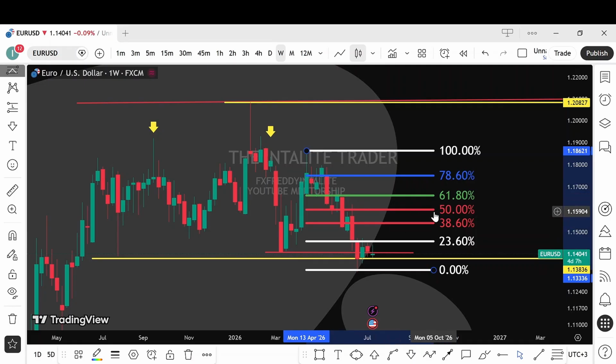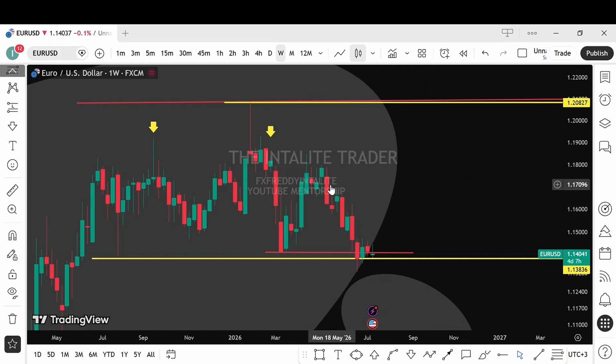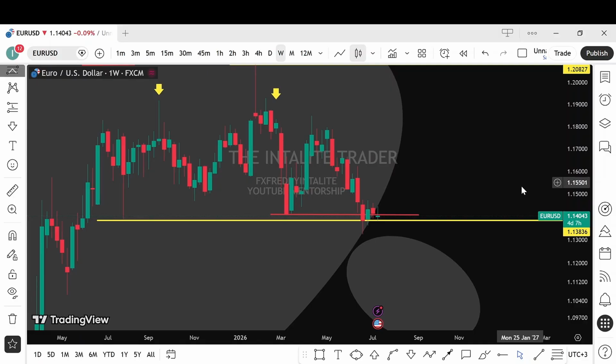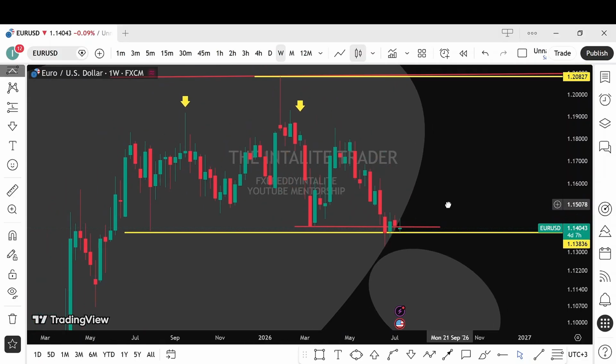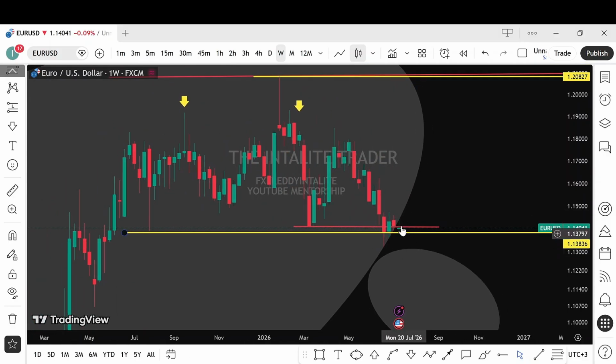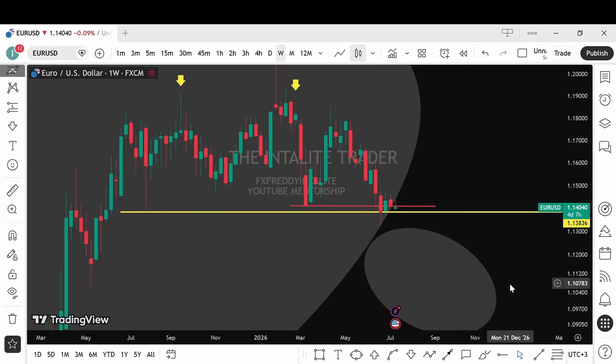And then we find something that tells us maybe we join the trend if the market is willing to push lower. But if you have confusion, and you yourself cannot see what is happening very well, you stay away from the market because the market is ranging on the higher time frame.